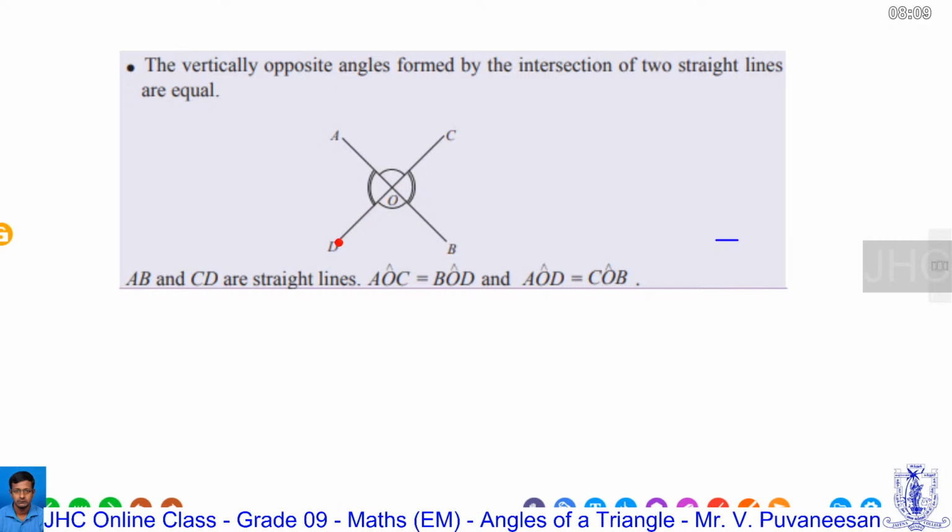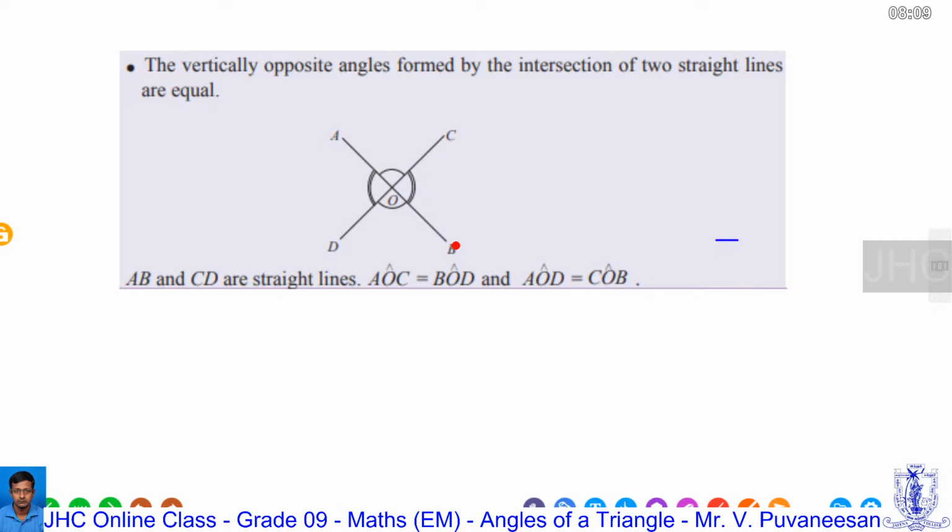We call these two angles vertically opposite angles, and the other pair of vertically opposite angles is AOD and COB. We have already seen that vertically opposite angles are equal. When two straight lines intersect, two pairs of vertically opposite angles are formed.